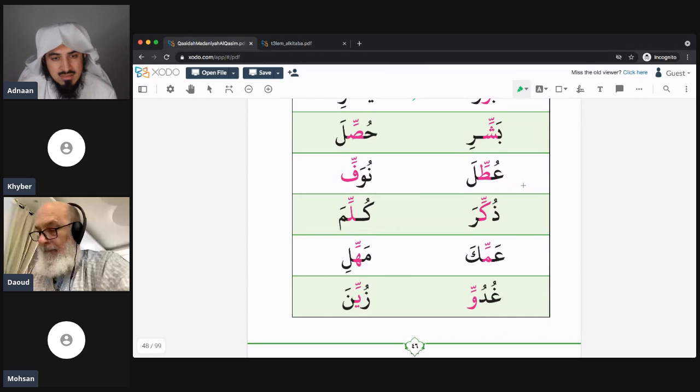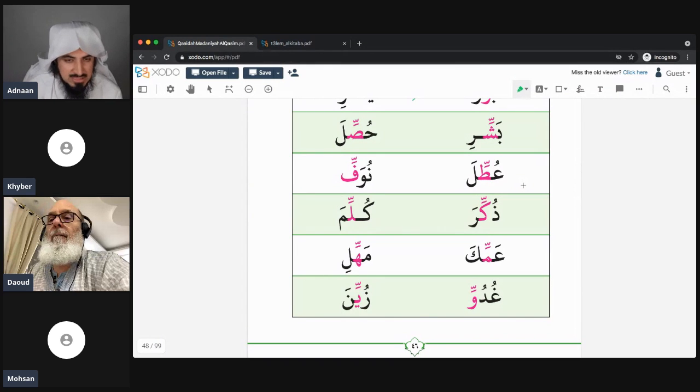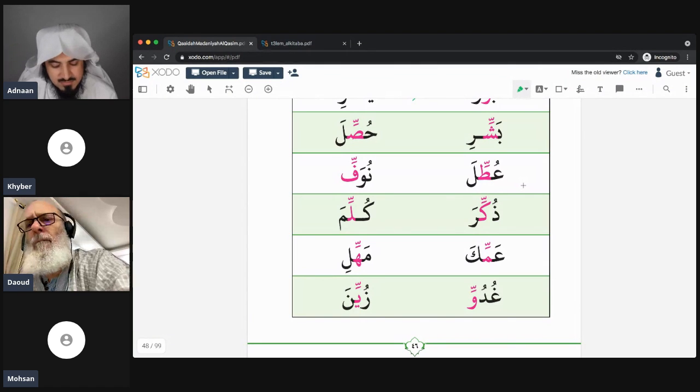Lima. Can you see how there's two lams here? When you say kul, there's a lam at the end of the first word. And when you say lima, this word starts with a lam. Kullima. Say kullima. Well done.